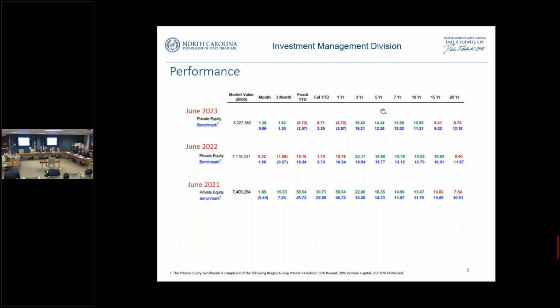They did not take those marks. We're probably going to see more outperformance versus the benchmark in our venture capital area, simply because we're going to be riding things back up, whereas others are holding them flat because they never wrote them down.